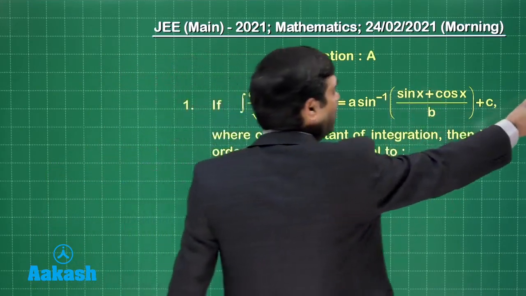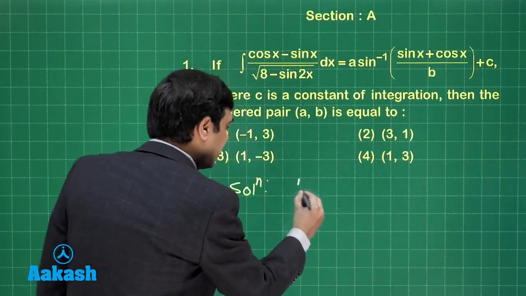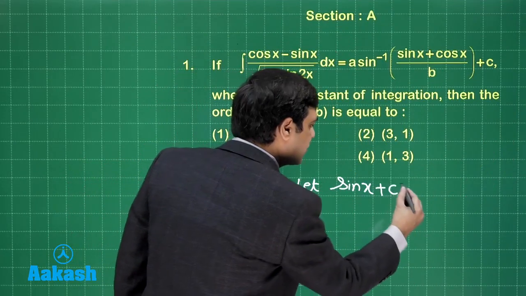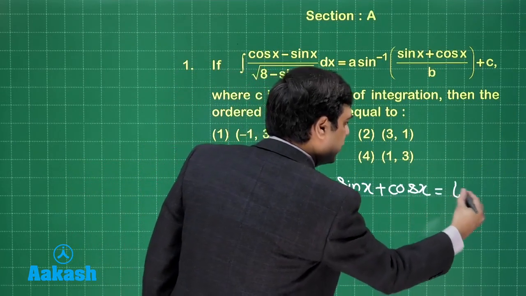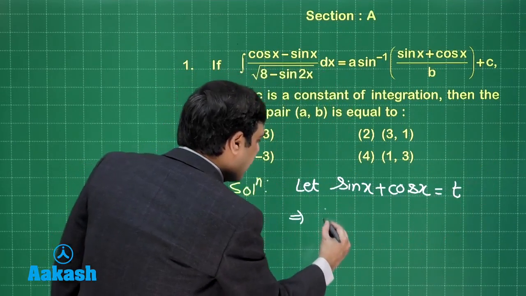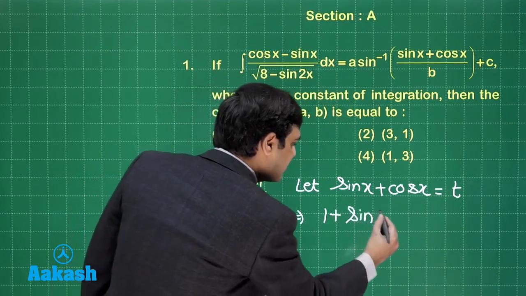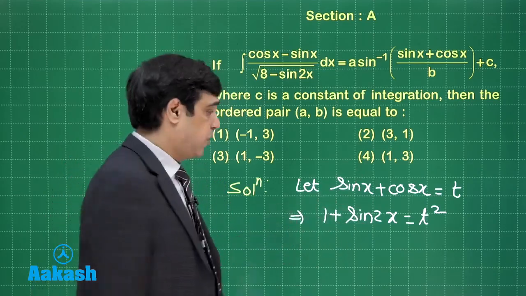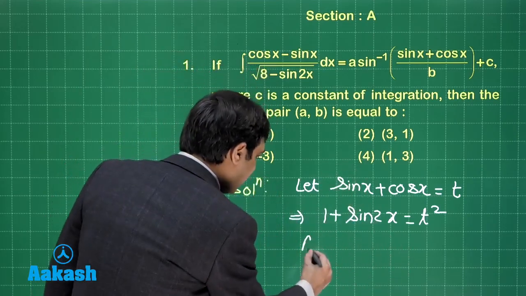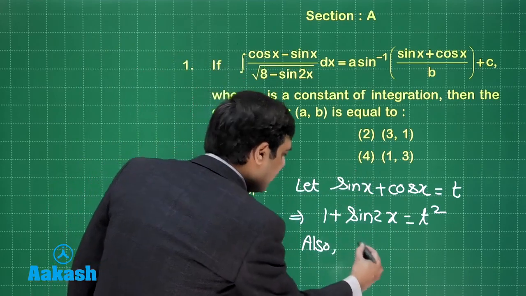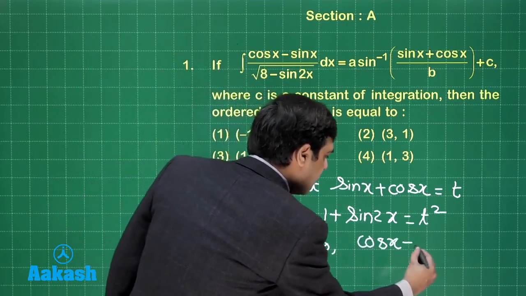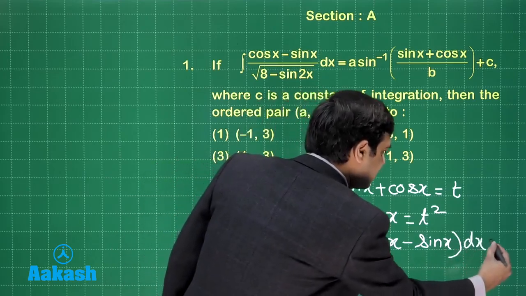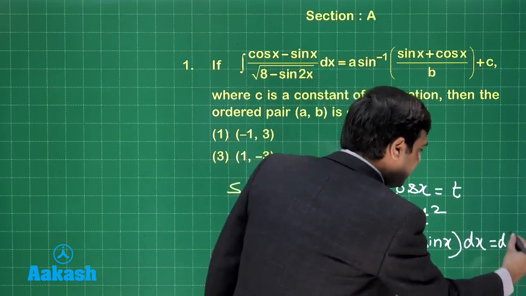So let's begin this question by substituting here. Let sin x plus cos x equal t, so that on squaring you get 1 plus sin 2x is equal to t square. From here you can get sin 2x. Also when you differentiate it, you get (cos x minus sin x) multiplied with dx is equal to dt.